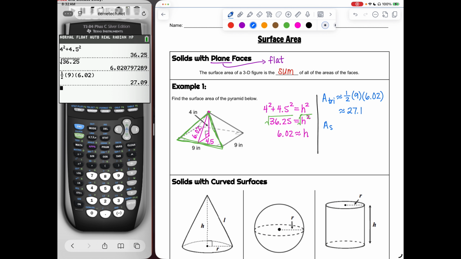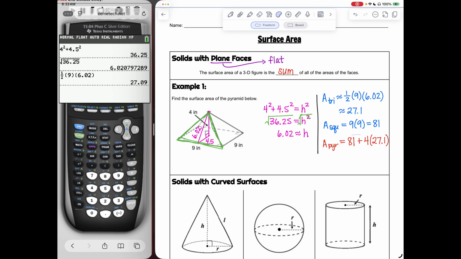And then we have the area of the square, which is equal to 9 times 9, which is going to be 81. All right. So then we literally find our surface area of the total pyramid, and that is going to be equal to the area of the square plus 4 times the area of the triangle, because we have 4 triangles.